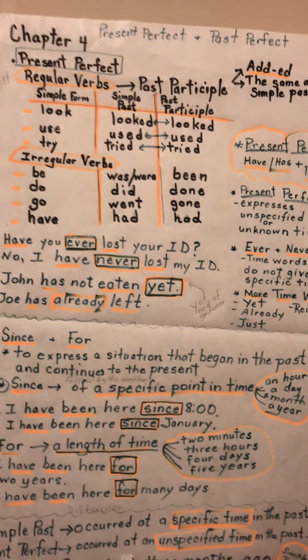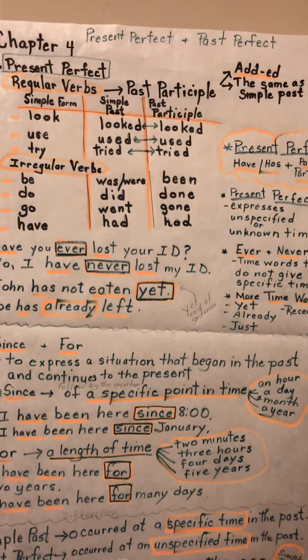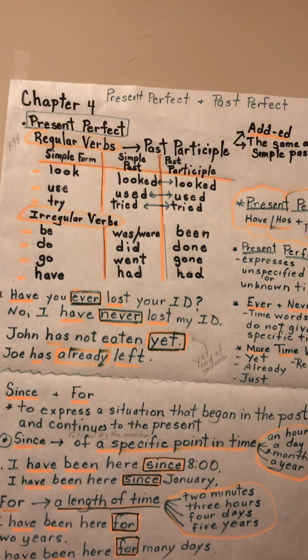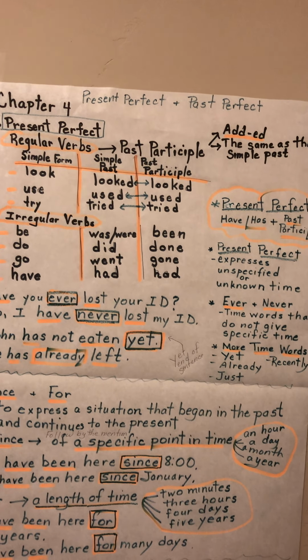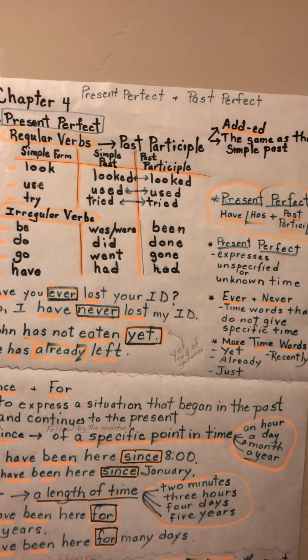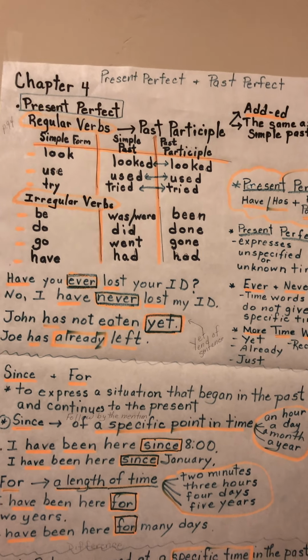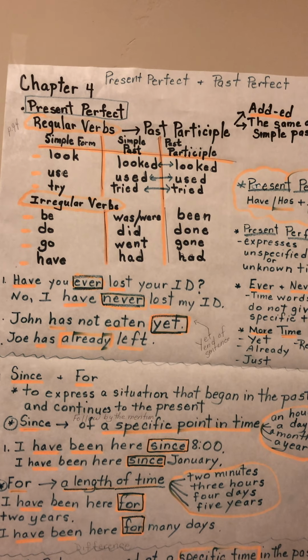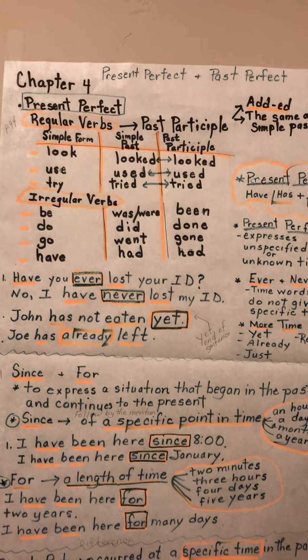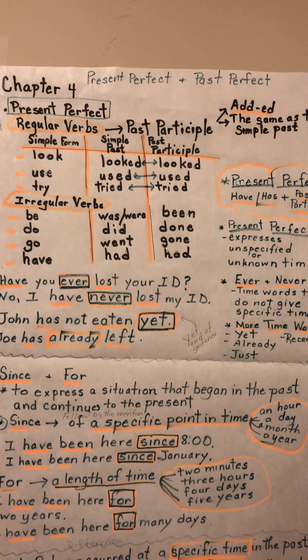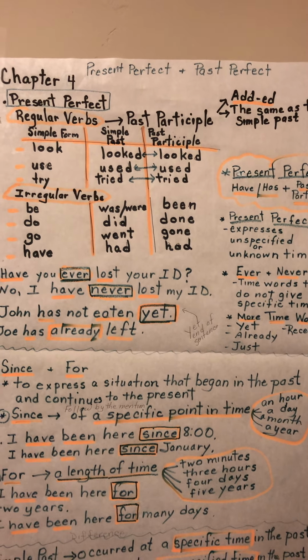Okay, let's look at the regular verbs. If you look at the first verb, look, and then it says looked in simple past, and looked is the past participle. Well, the simple past and the past participle are the same. The next verb, use, used, used.